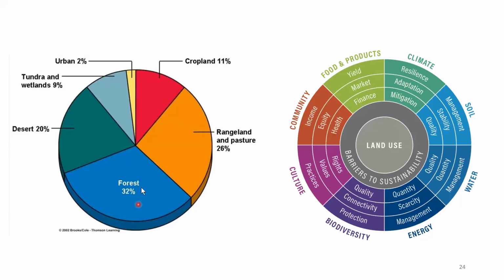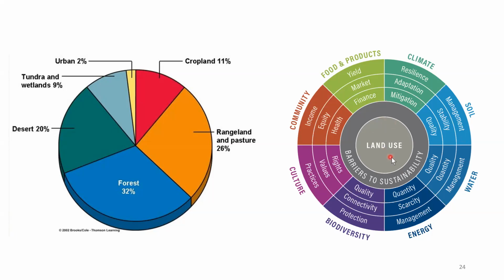You can see here the distribution of forest, rangeland, cropland, and deserts, and the land use. This land use is important for everything on this earth relevant to climate change or food security.